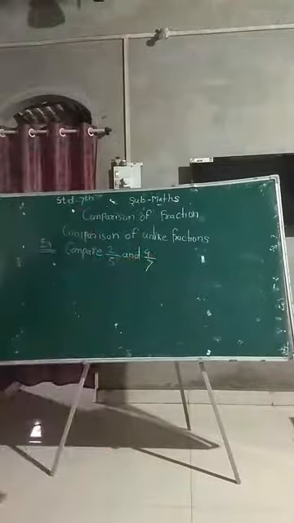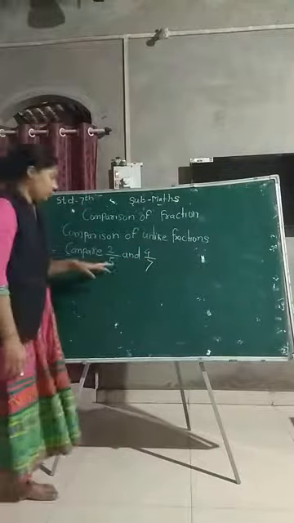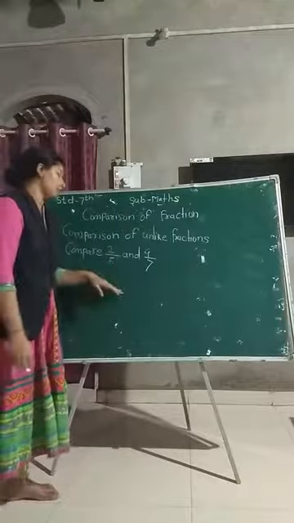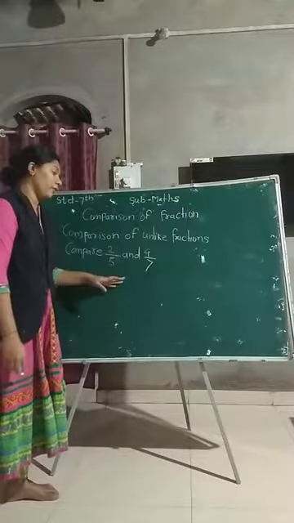Here, observe in this example, 5 and 7 are different. That means the denominators are different.